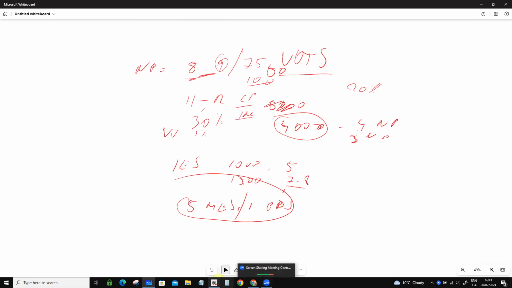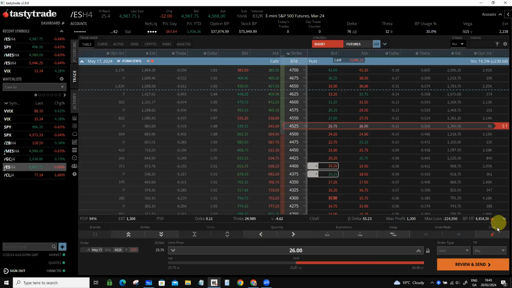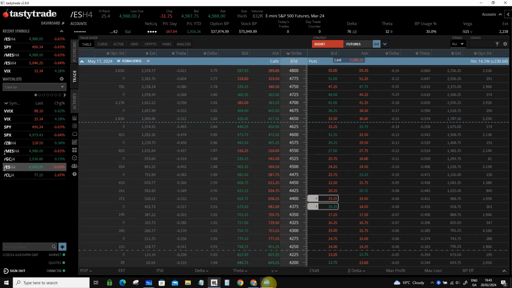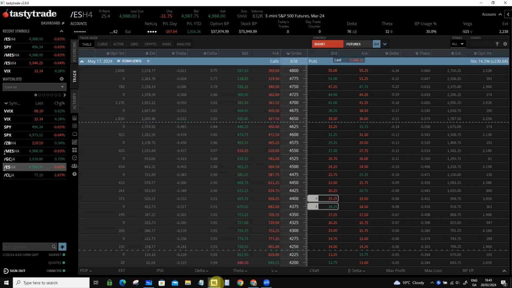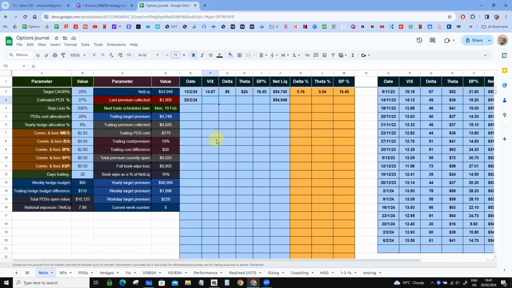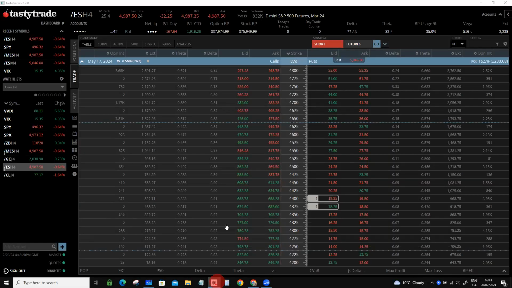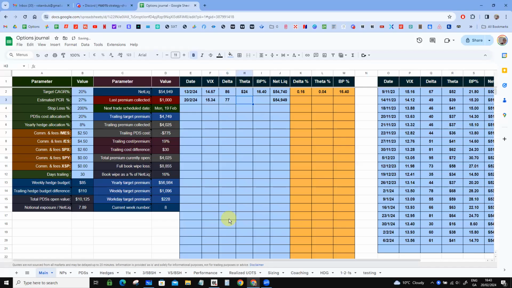Okay, so let's take a look at what the platform is giving us today. And before we do that, let's just take a look at the numbers today. So today's the 20th, and the VIX is at 15.34, and our deltas are 77 and 32.